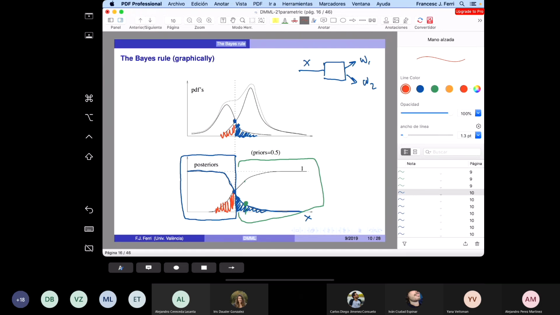And the sum of the two would be the global probability of error. I mean, proportional to these areas. If these areas become 0, then the probability of error of the Bayes classifier is 0. It's okay?